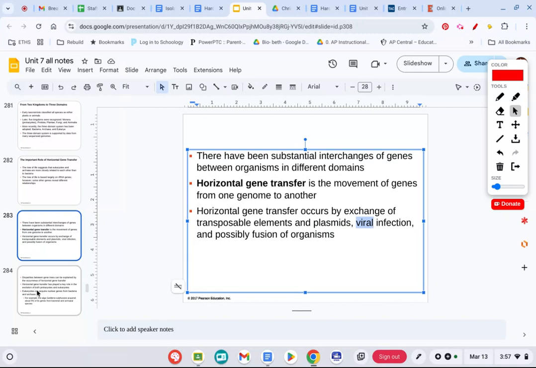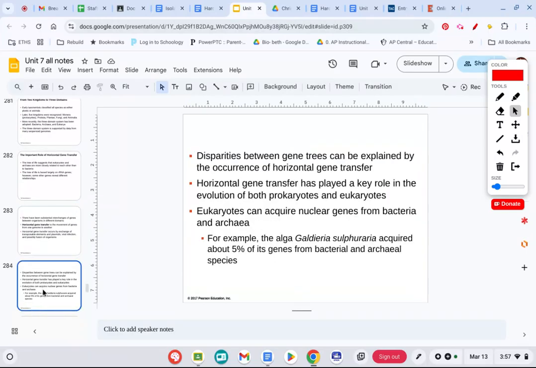And so there are ways to get genes into our genome and into bacteria's genome that cause us to have more similar genes than you would ever think. You wouldn't think that we were more closely related to the prokaryotic domain than bacteria is to archaea.